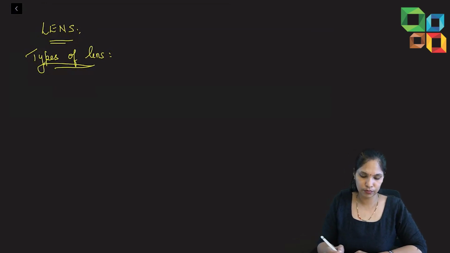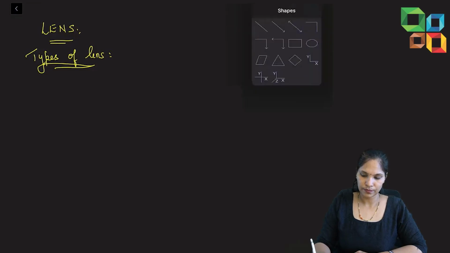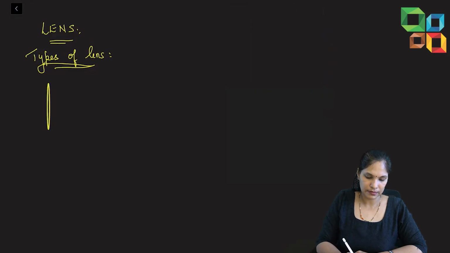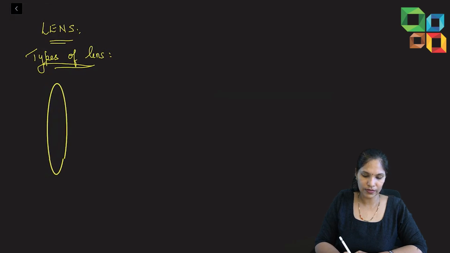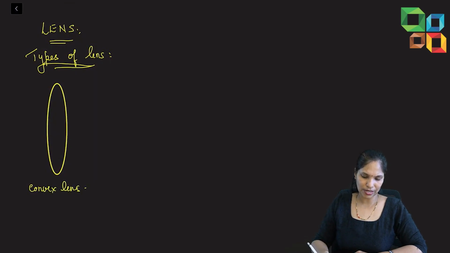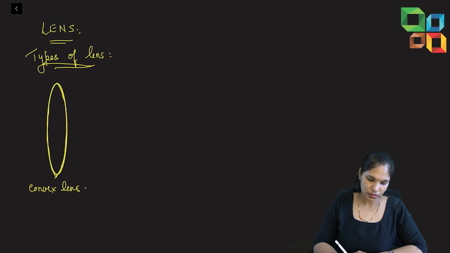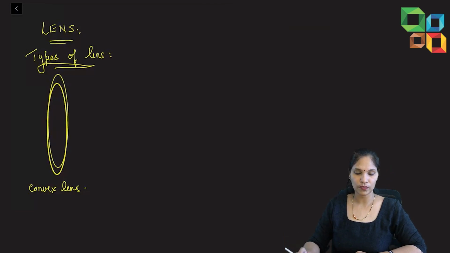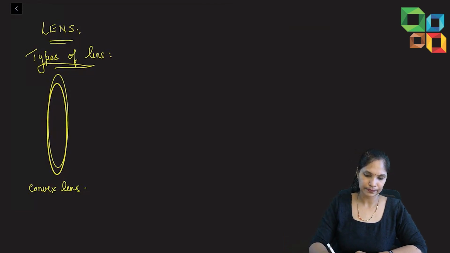So we have 4 main types of lens. The first one, we call it convex lens. It will look like this. So what is the speciality in this case? You can see there are 2 curved surfaces, one over here and the other one over here. So this becomes a convex lens.